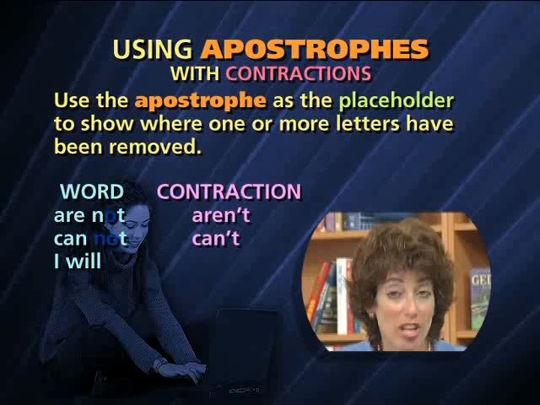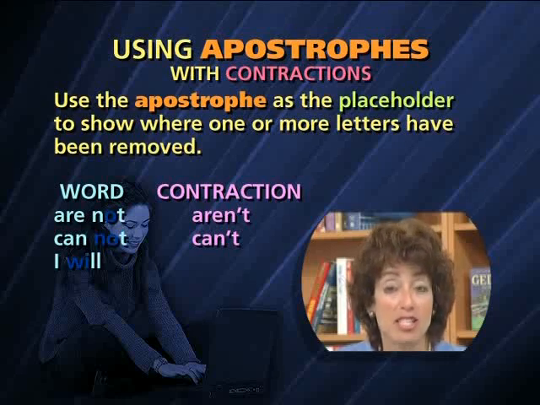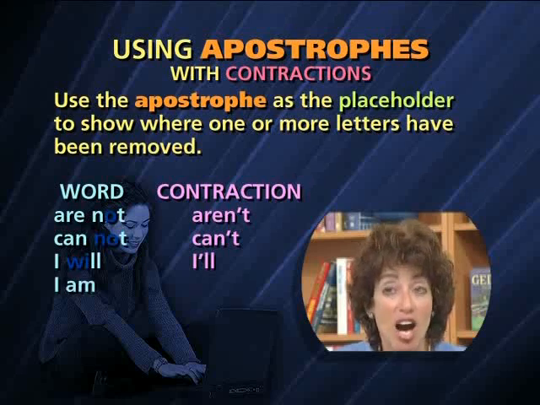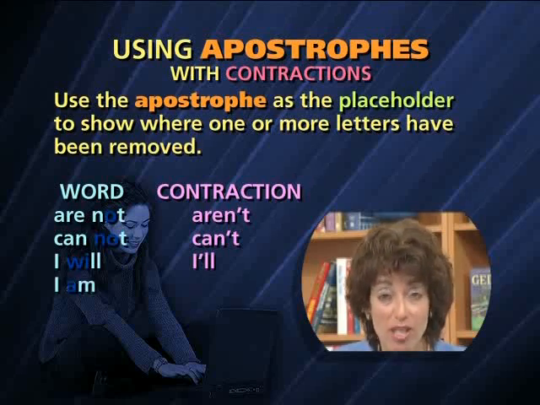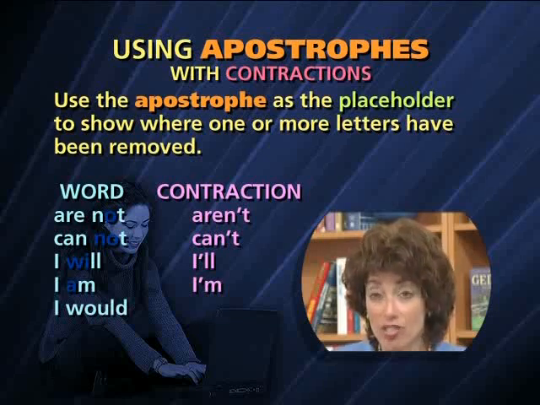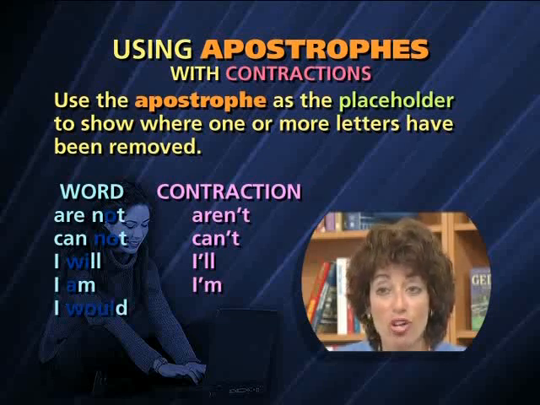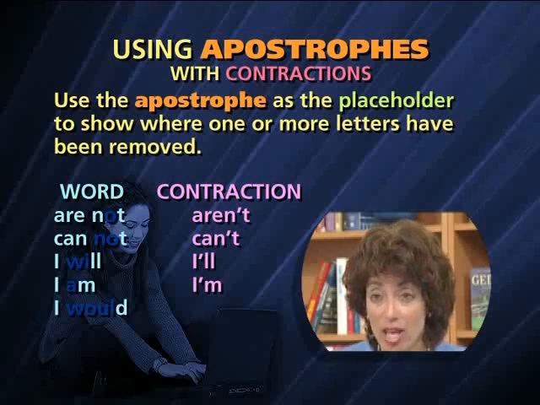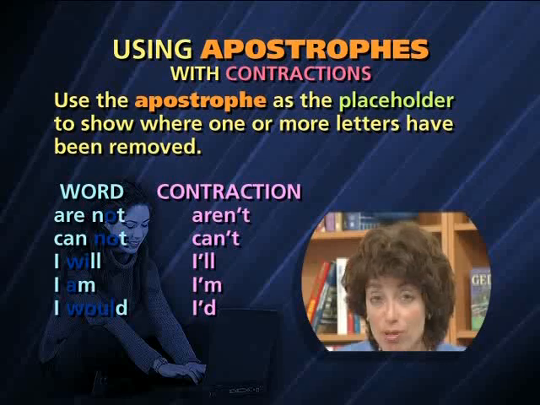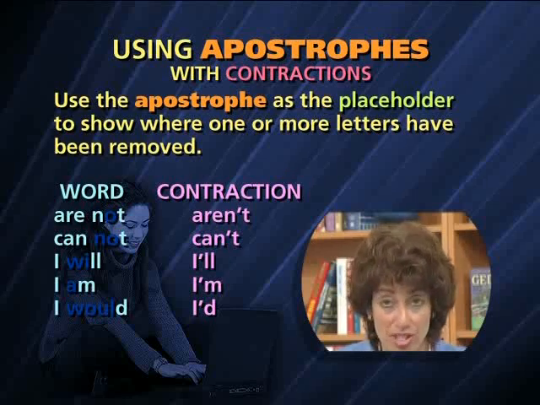In I will, I'm taking out the W and the I, put the apostrophe right there: I'll. I am, I'm taking out just the A, becomes I'm. And I would, taking out a whole lot of letters, the W, O, U, and L, becomes I'd. So it's not the number of letters, it's simply putting the apostrophe there as the placeholder.